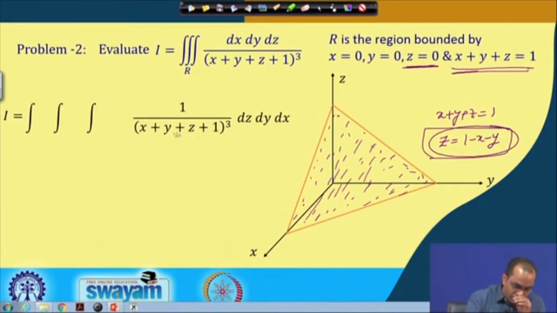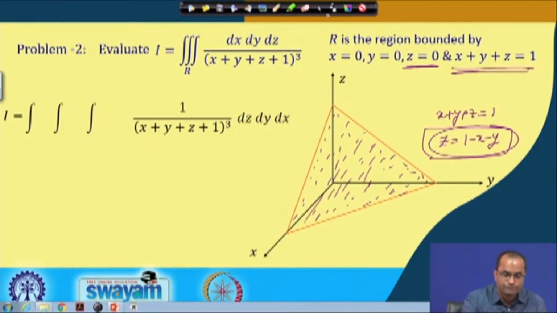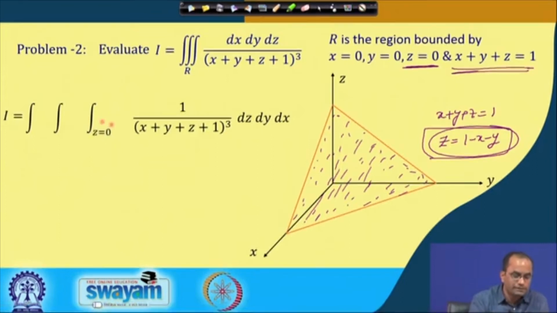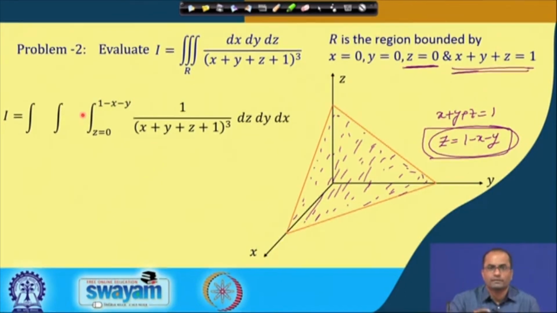So, for the limits of z we have z from 0 to 1 minus x minus y. So, the limits of z are fixed now. Now what we have to do is project this onto the xy plane.